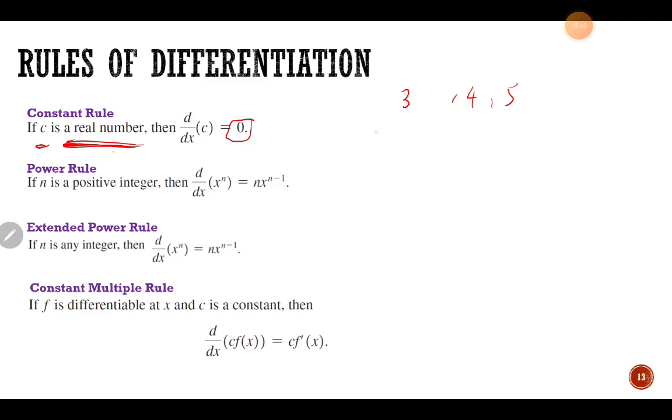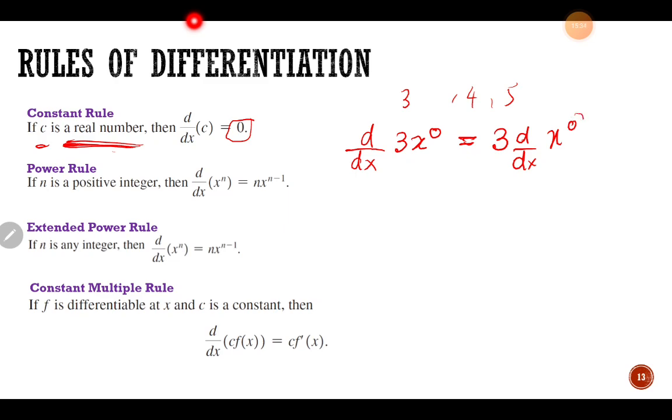Okay, kenapa 0? Because it is independent of x. 3, you differentiate 3. 3 ni sebenarnya adalah x kuasa kosong. So kalau you 3 ni constant, you boleh letak 3 ni kat luar. d/dx of x power of 0.